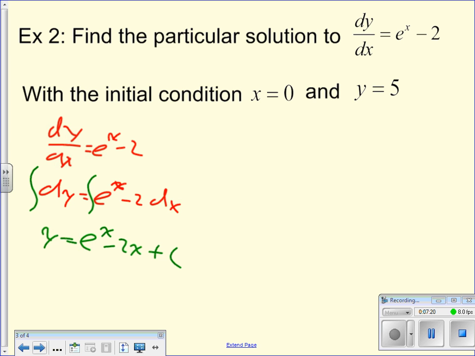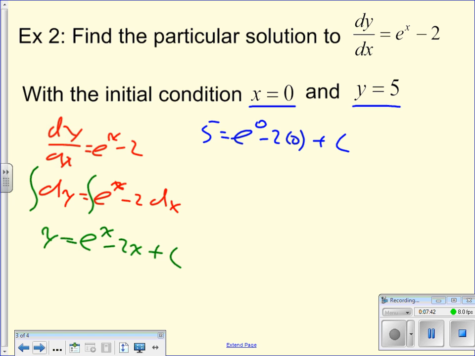So using my initial condition, 5 for y, 5 equals e to the 0 minus 2 times 0 plus c, and I solve for c. I solve for that particular value of c that meets that particular initial condition.